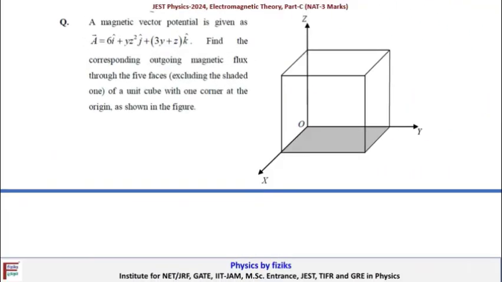So this is JEST Physics 2024 Electromagnetic Theory Part C numerical answer type 3 marks question.